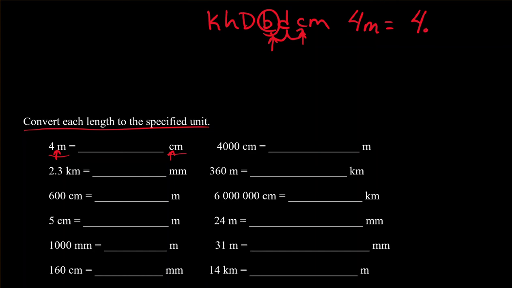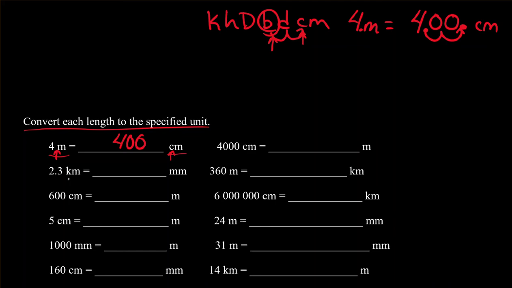The decimal is right here, because this is 4.0 meters. I move my decimal twice to the right, and fill in the rest with zeros. So 4 meters is really 400 centimeters, because each meter has 100 centimeters in it.